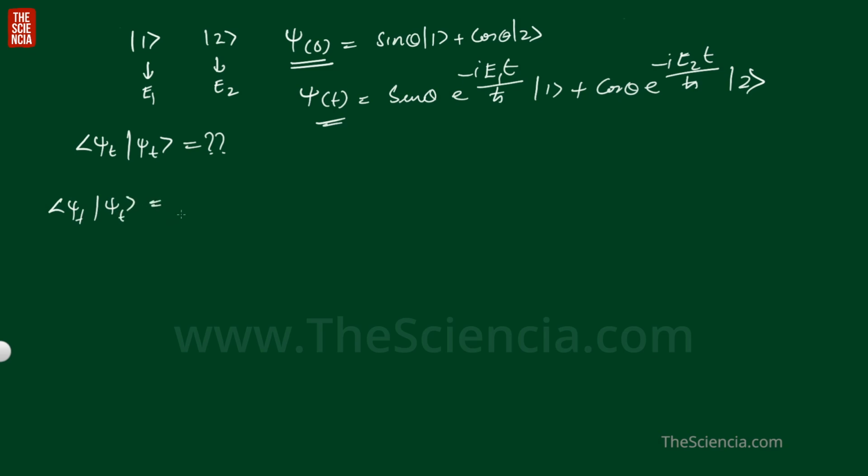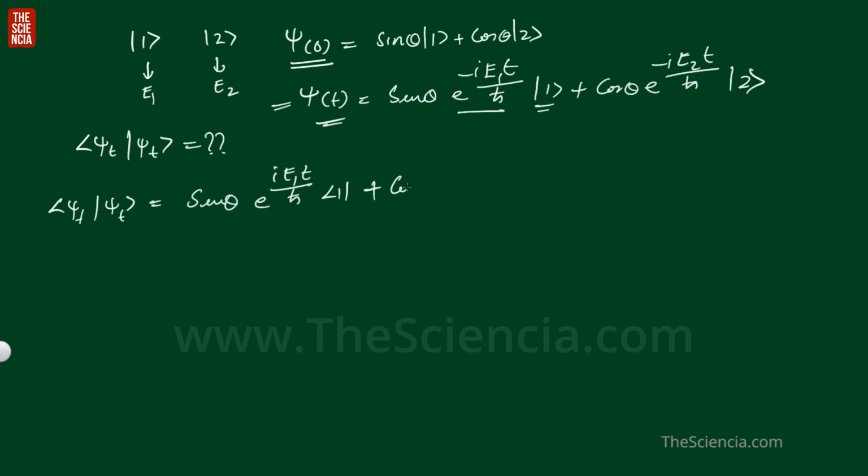That is, bra psi of t is the conjugate of this term, that is sin theta. The conjugate of sin theta is sin theta itself, and the conjugate of this term is e raised to, this minus becomes plus, i E1 t by h cross, and ket 1 becomes bra 1, plus this term, that is cos theta.